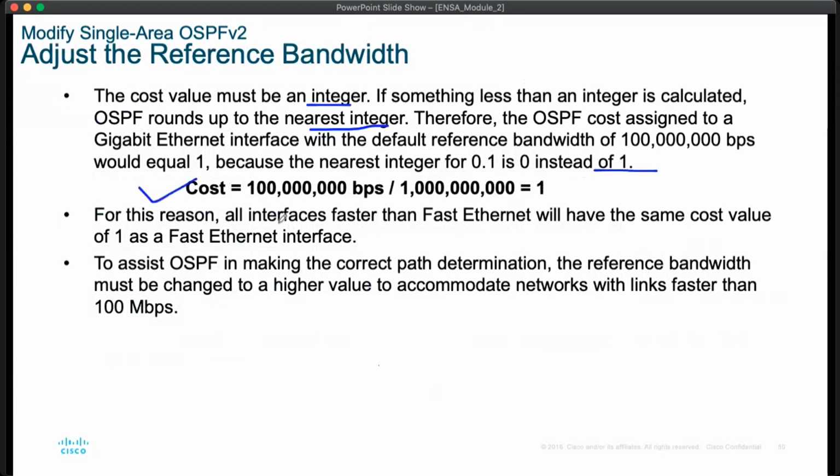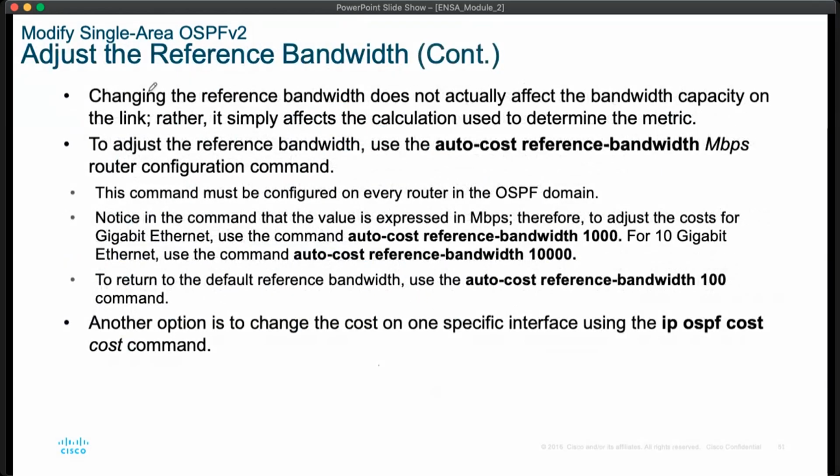For this reason, all interfaces faster than Fast Ethernet will have the same cost value of 1 as a Fast Ethernet interface. To assist OSPF in making the correct path determination, the reference bandwidth must be changed to a higher value to accommodate networks with links faster than 100 megabits per second. Adjust the reference bandwidth, continued.